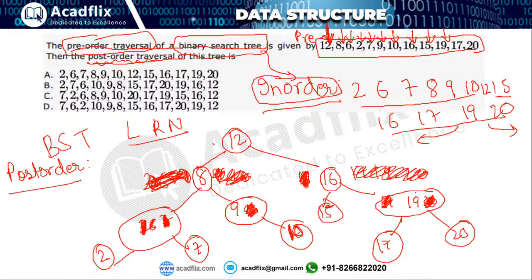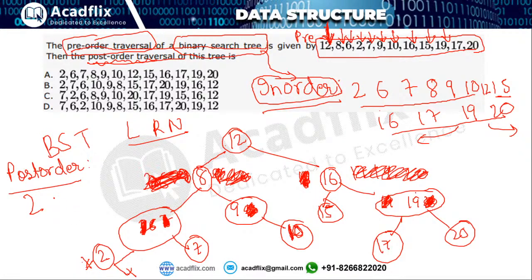So I am going to go forward in a little quicker way, and I'll find out the post-order for this particular tree. We first go to the left, then again left, and again left. Now there is no other element to the left and no other element to the right, so we process this particular node.